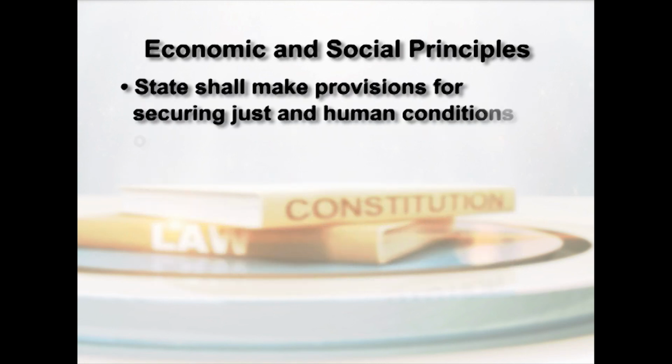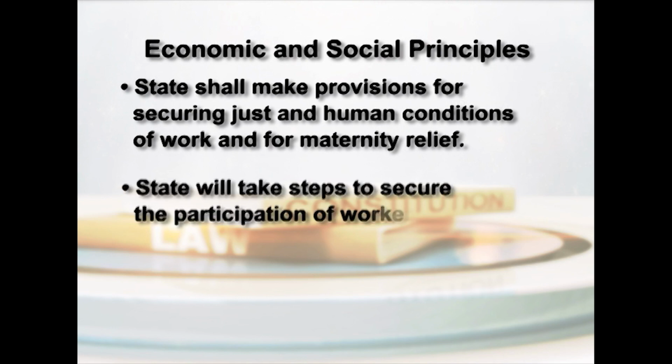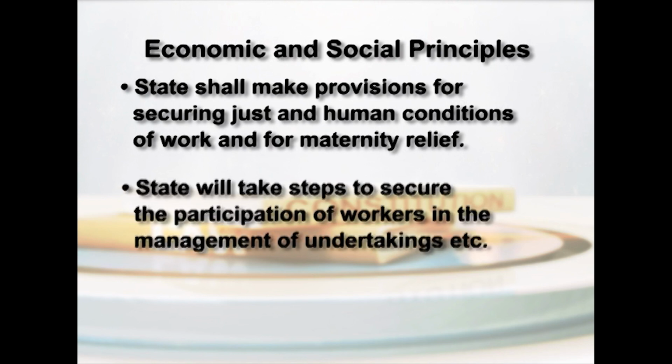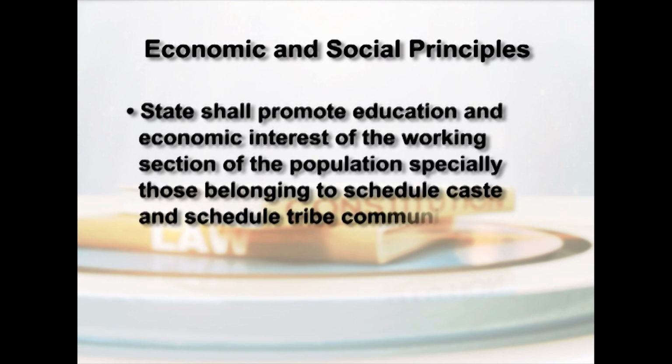The state shall make provisions for securing just and humane conditions of work and for maternity relief. The state will take steps to secure the participation of workers in the management of undertakings, etc. The state shall promote the education and economic interests of the working sections of the population, especially those belonging to scheduled caste and scheduled tribe communities.